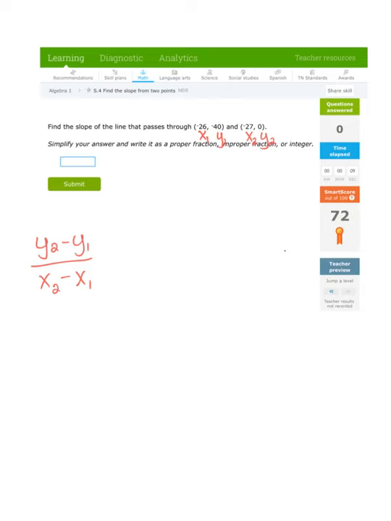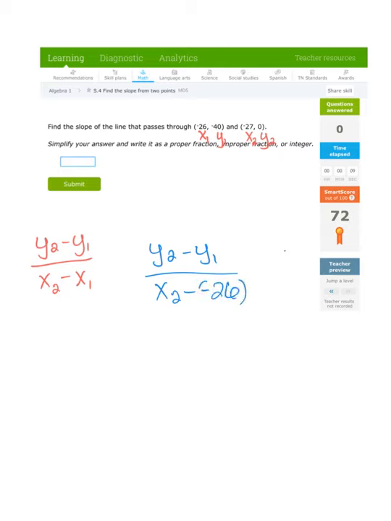Now I can literally just replace them. So if I were using a dry erase board, I could put this on my dry erase board and then replace by saying, okay, my x sub 1 goes here, and I'm going to put in negative 26.